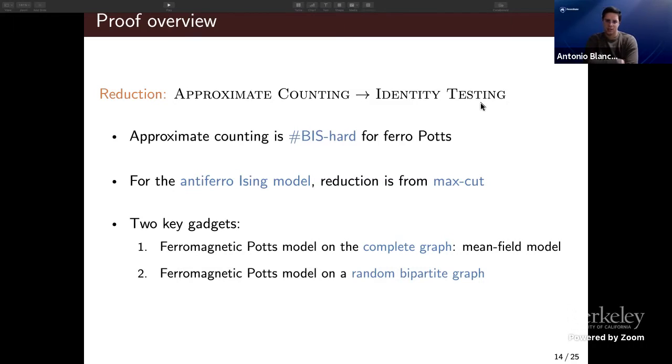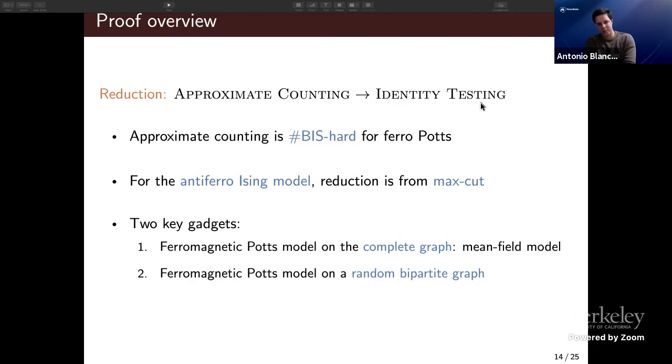In particular, for the ferromagnetic Potts model, we know that sampling and counting are RP-hard, and this is the hardness that we're going to infer for identity testing. But I want to make a point that there is an important difference in this proof compared to previous work, for instance for the antiferromagnetic Ising model.